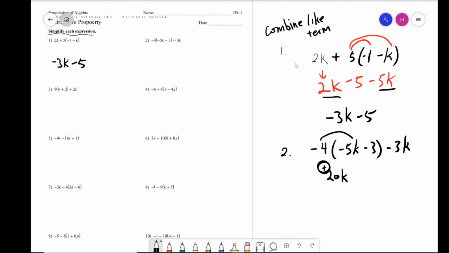Then negative 4 times negative 3 is a positive, so plus 12, then minus 3k. What are you combining as like terms in these questions? 20k and minus 3k. So 20 minus 3 is 17k plus 12.